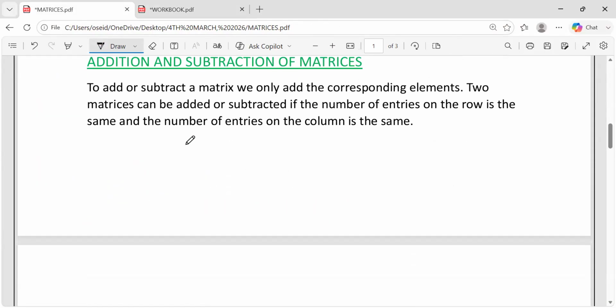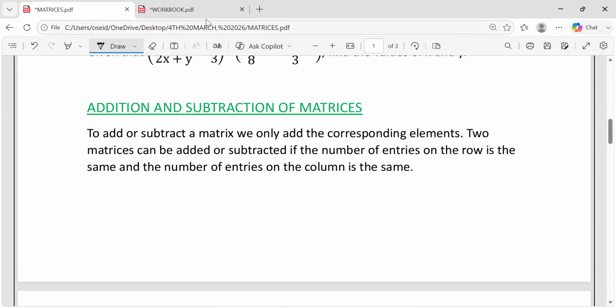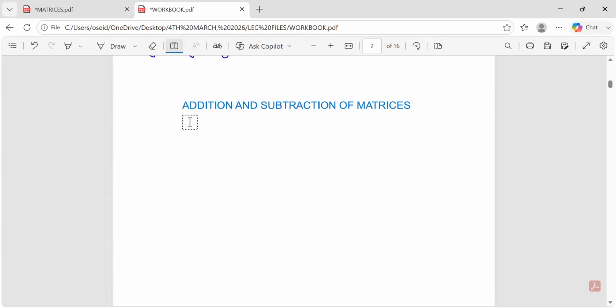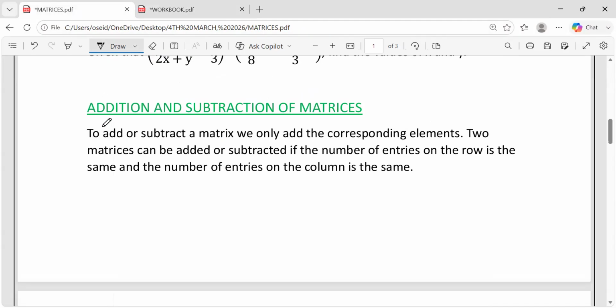Now, the next thing we'll be doing is addition and subtraction of matrices. To add or subtract matrices, we only add the corresponding elements.